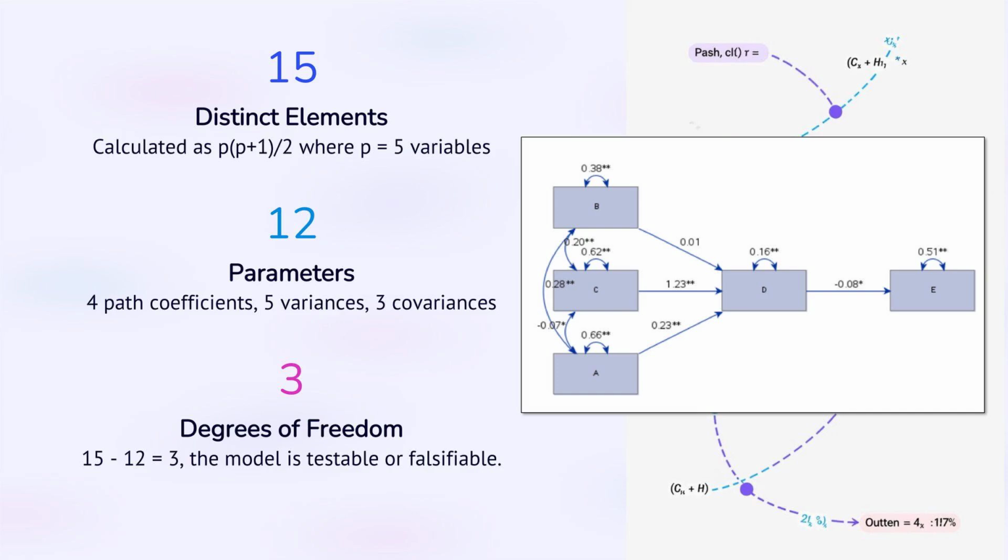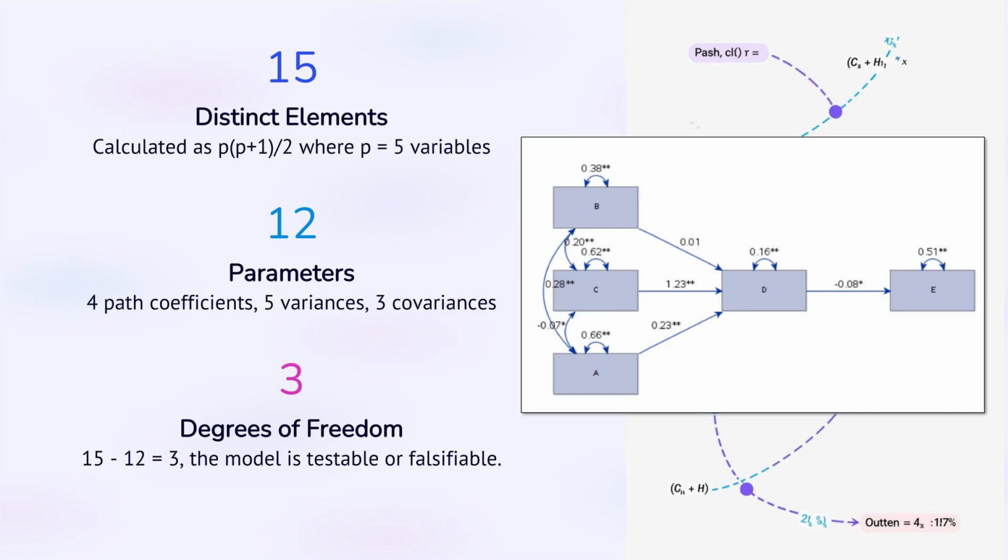There are 4 path coefficients, a to d, b to d, c to d, and d to e, symbolized by the single-headed arrow in the diagram, and 5 variances, a, b, c, d, and e, symbolized by the double-headed arrow in each rectangle. Additionally, there are 3 pairs of covariance among the variables. Taking all of the above into account, the number of parameters is 12, and thus the df is 15 - 12 = 3.